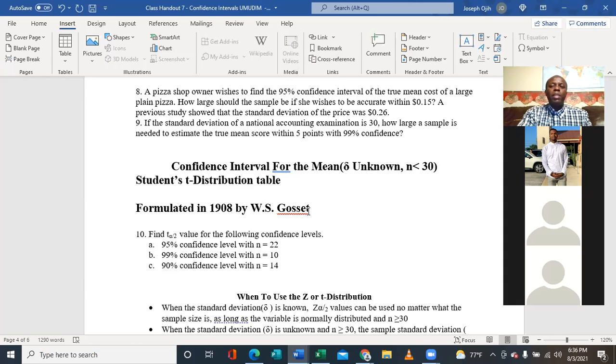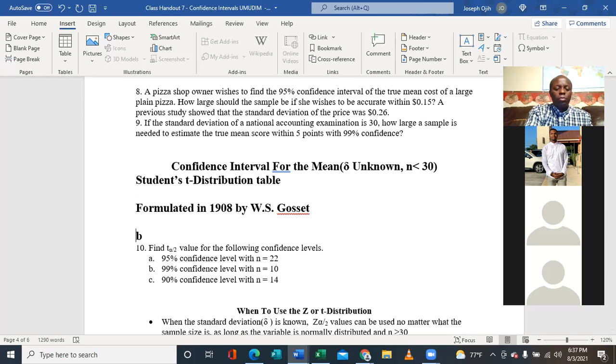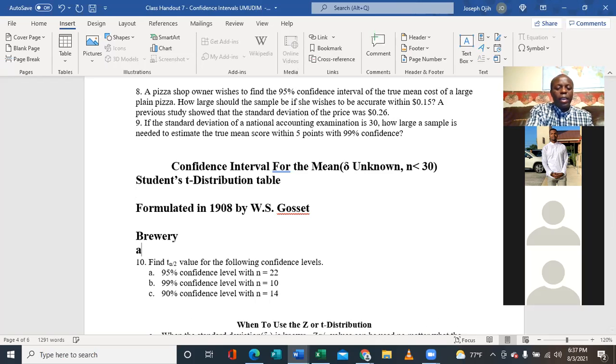If you were working for, let's say, Henry Ford, you could not work for any other person, and they tended to hide their company's secrets. Now, this guy, Gosset, was working at a brewery, where they make a type of drink called ale. It's an alcoholic drink.